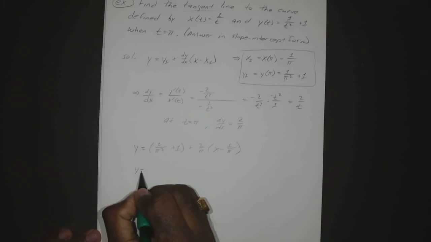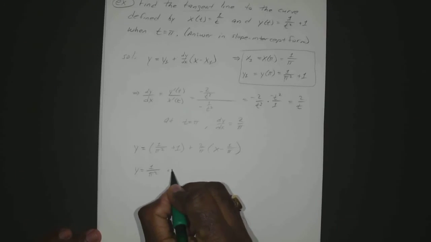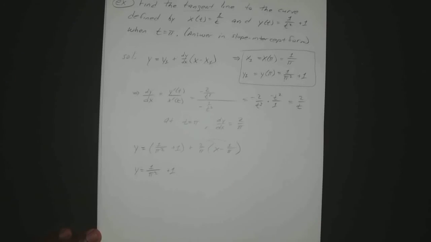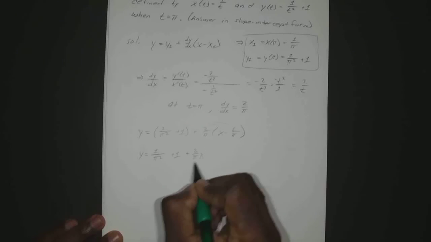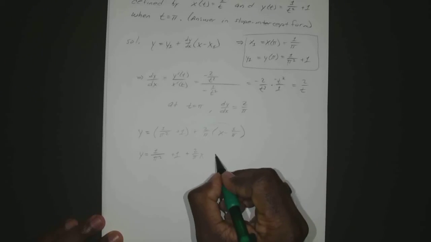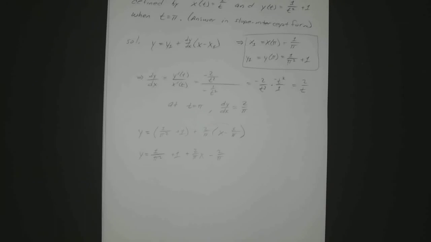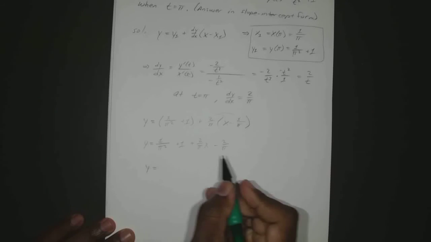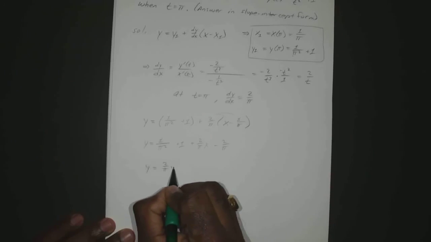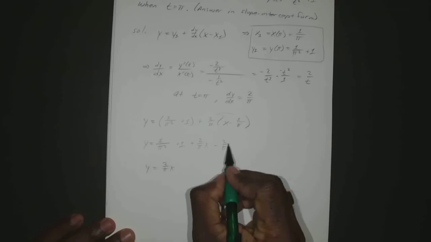All right, so that leaves us with y equals 1 over pi squared plus 1, and if we distribute that one, plus 2 over pi x minus 2 over pi. So that leaves us with y equals 2 over pi x minus, well, that should be 2 over pi squared.